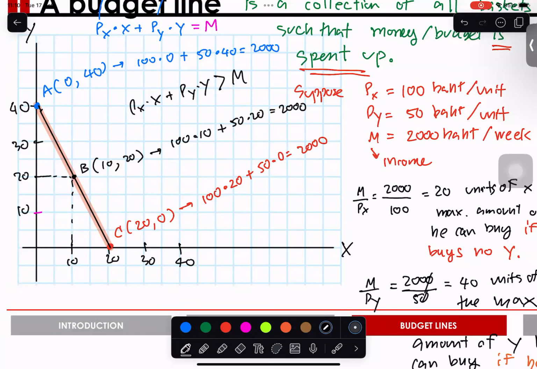You can just pick a spot and check expenditure on that basket outside the budget line. The expenditure must be beyond 2,000 baht.